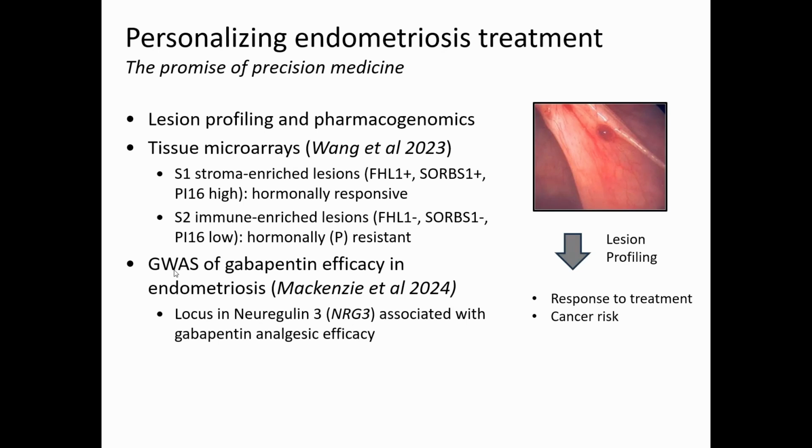This can be done in a variety of ways, and newer studies are actually looking at lesions to profile those lesions for purposes of both response to treatment, as well as to provide awareness as to whether or not there's any cancer risk associated with progression, particularly in the instance of endometriomas or ovarian endometriosis.